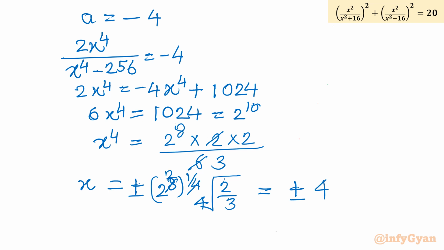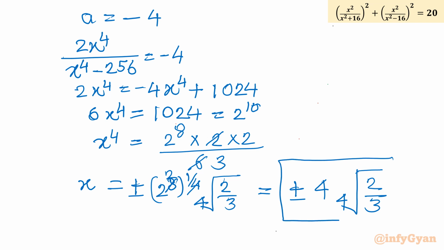So plus minus 4, the 4th root of 2 over 3. So this is our x value. We have calculated two solutions so far. Let me write in one go. X is equal to plus minus 4, the 4th root of 2 over 3.